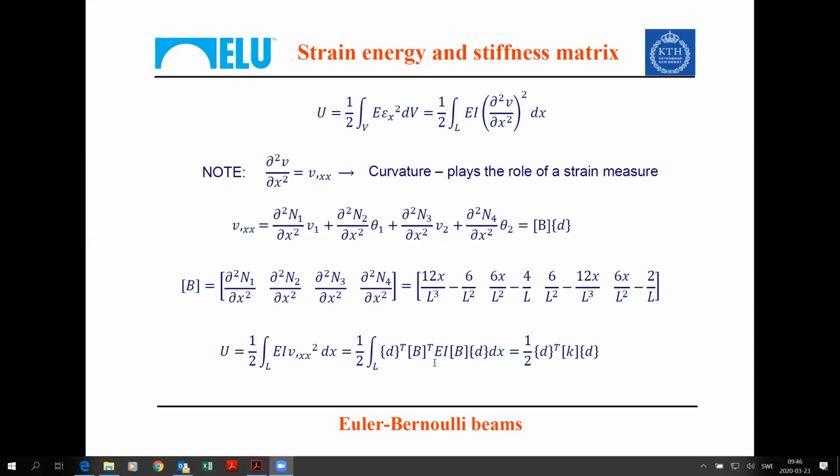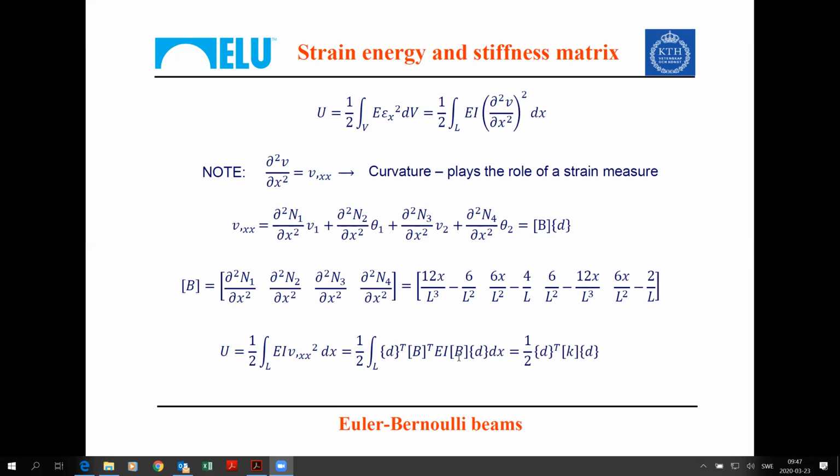Because if I want to express v xx squared in matrix form, B times D, then the square will result in this expression, D transpose B transpose times B D. So it means the transpose of D and B equals B and D?